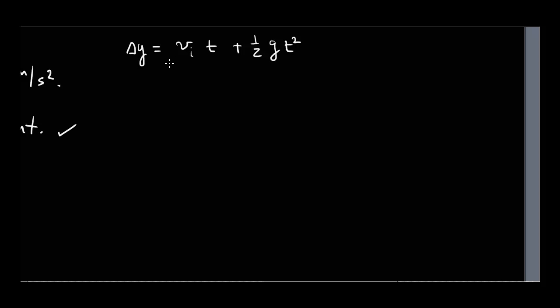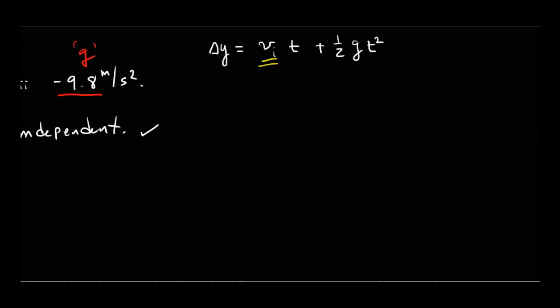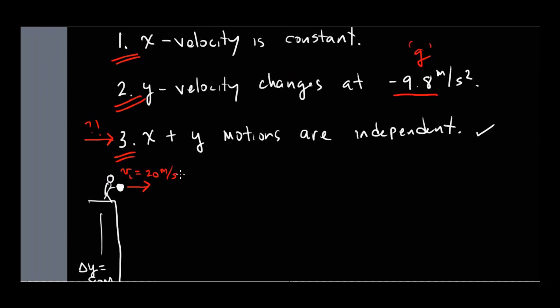This is an old equation, right? So I've got to use this equation, and I'm going to plug in 1 second and see what I get for delta y. I'm going to plug in 2 seconds and see what I get for delta y, and so on and so forth. But before I do that, I've got to think about what the initial velocity is. And you might initially want to say that the initial velocity is 20 meters per second, right? I told you in the problem that the initial velocity is 20 meters per second. But remember, I mentioned that this is entirely in the x direction.